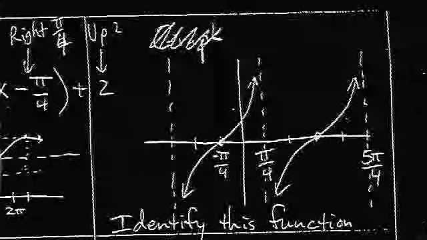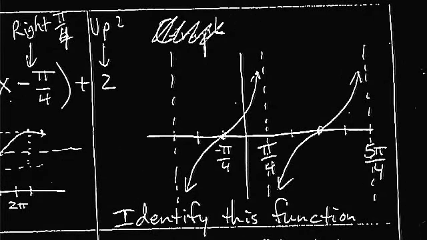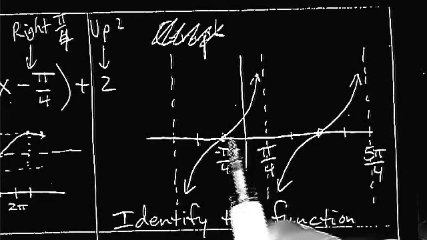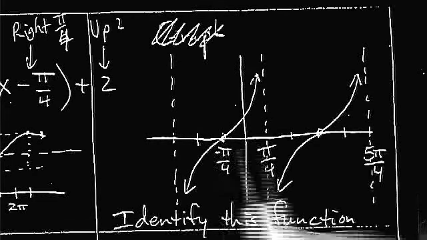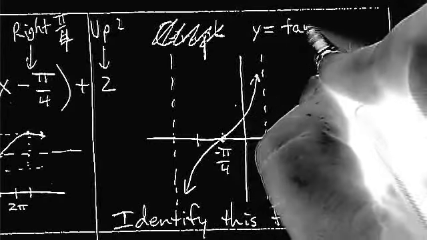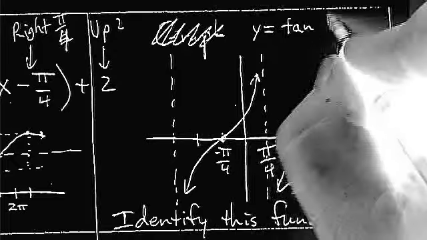Okay, now here's a picture of a particular graph, and you are asked to identify the function. We obviously know this is a tangent function. So I'm looking at the picture, and I see that the center, HK, has been moved to the left pi over 4 units. So all I have to do is write an equation that says left pi over 4 units.